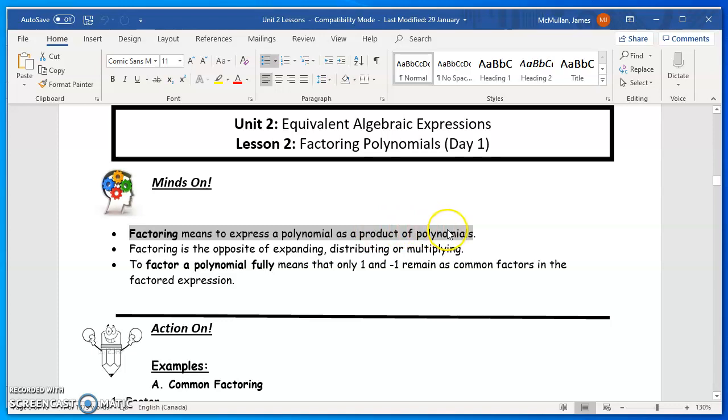of polynomials. So the idea would be to take something that currently uses addition and subtraction and to rewrite it in such a way that it uses multiplication. Now, you might be curious, why would that be important?